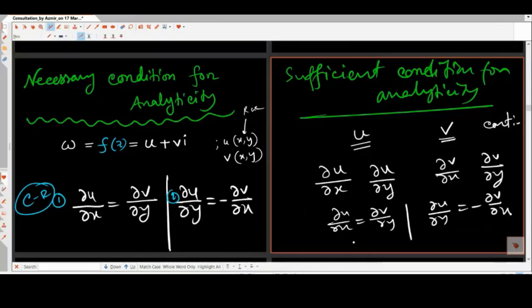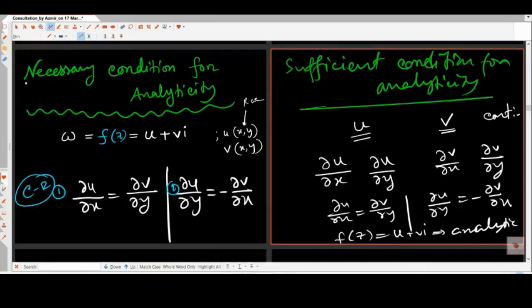Then we can say that the function f of z that is formed by u plus vi is analytic in some domain D. You can think of these two conditions as converses of each other.